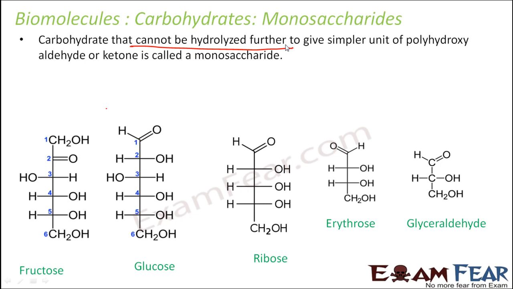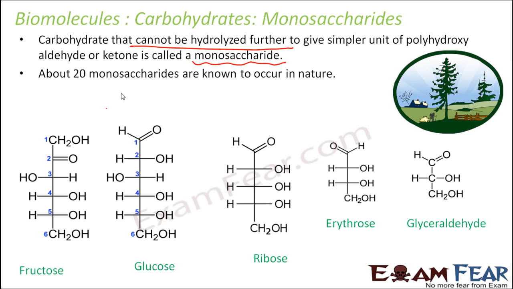As I said, hydrolysis is the process where bigger or complex carbohydrates get broken down into simpler carbohydrates, that is, bigger units getting converted into smaller units. Monosaccharide is the simplest form, and that is why you cannot further hydrolyze it. Those carbohydrates which are the simplest form, which cannot be hydrolyzed further, are called monosaccharides.